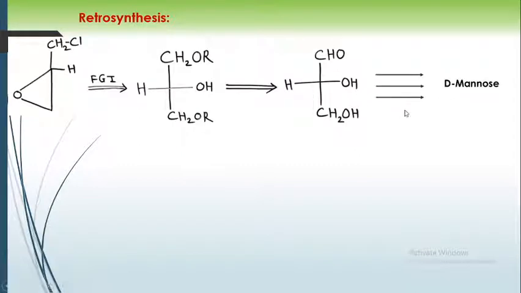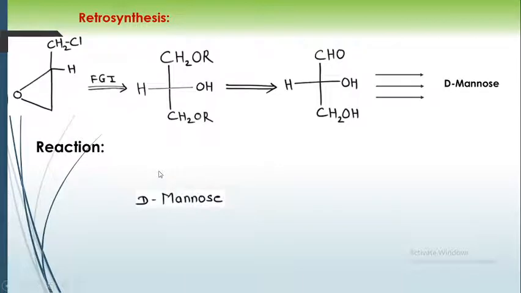After various steps we get the precursor, D-mannose. That means this is our target molecule, epichlorohydrin, and after the retrosynthetic analysis we got the precursor, D-mannose.